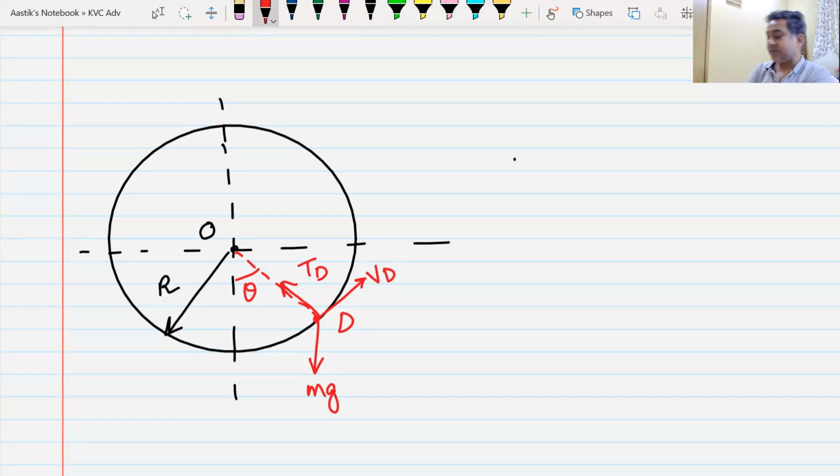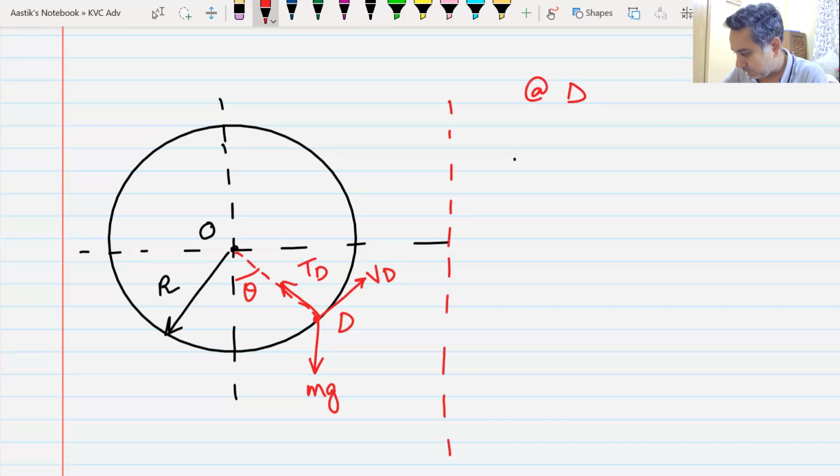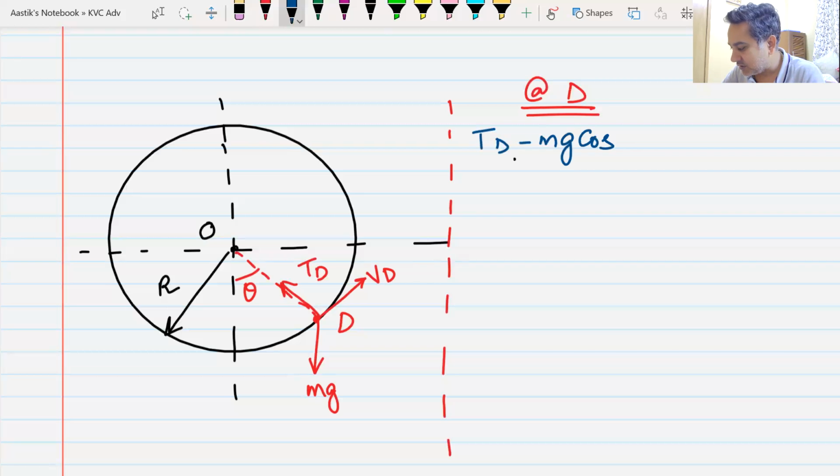What is the equation at point D? Sir, TD minus mg cos theta equals m VD square by L. TD minus mg cos theta.